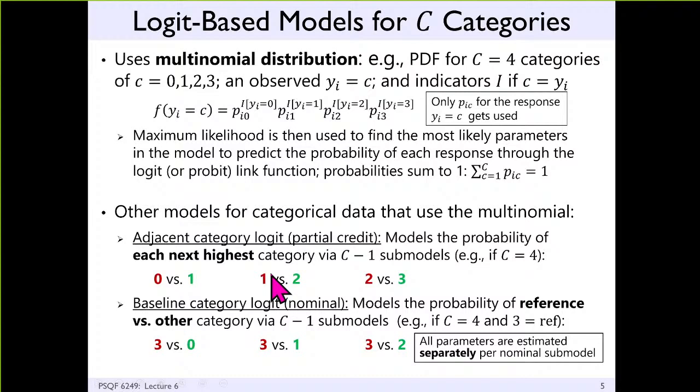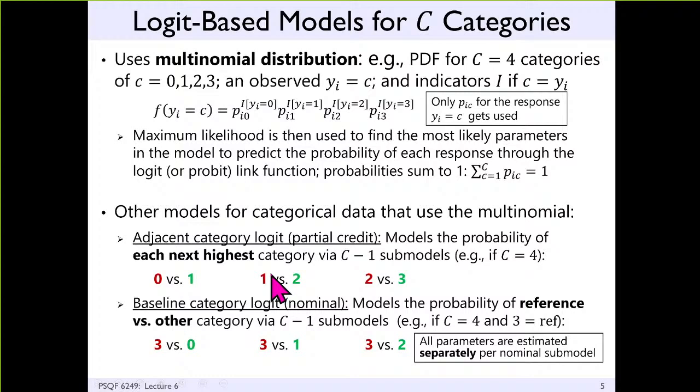So the graded response model is the cumulative logit model. It looks like this. Every binary submodel uses all the categories. One of the bummers with this model is that in Mplus at least, it only gives you loadings and thresholds.